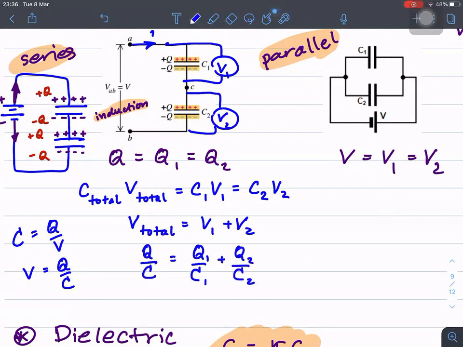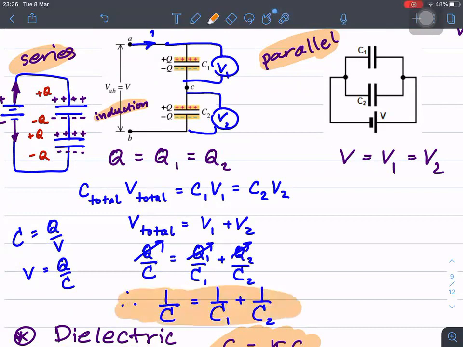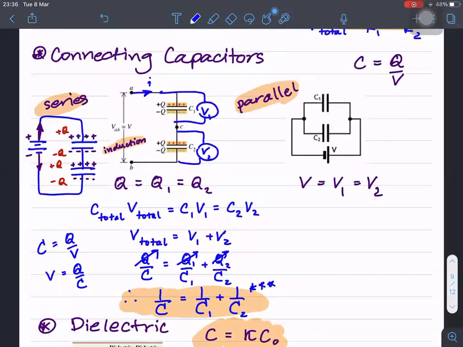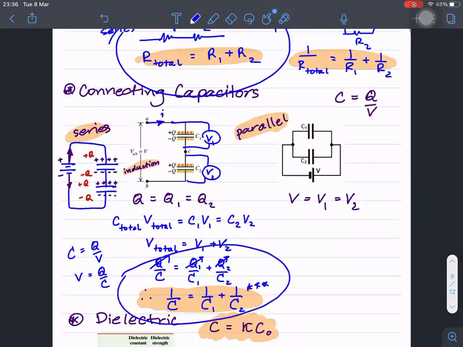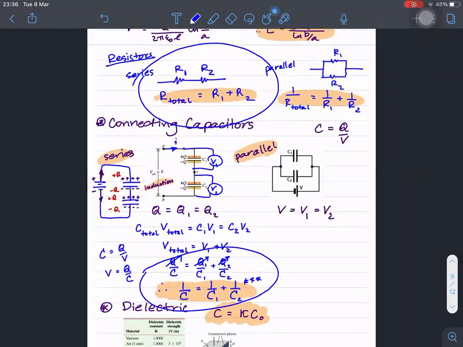But we have that Q is equal to Q1 and equal to Q2, so we cancel out all the Q's, and therefore we have that 1 over C is equal to 1 over C1 plus 1 over C2 for connecting C's in series. So you can see that connecting C in series gives the opposite formula from the resistors. Okay, so that was the proof.